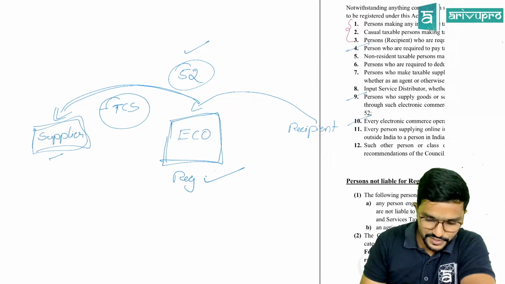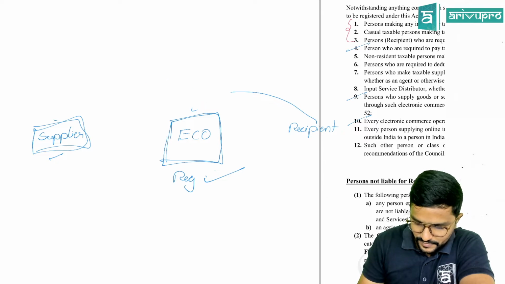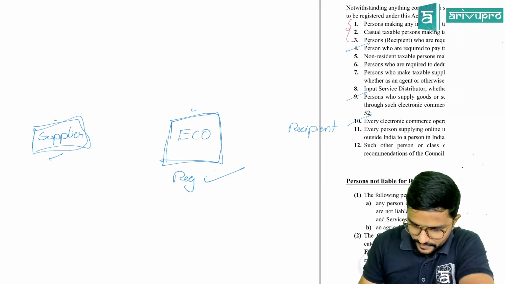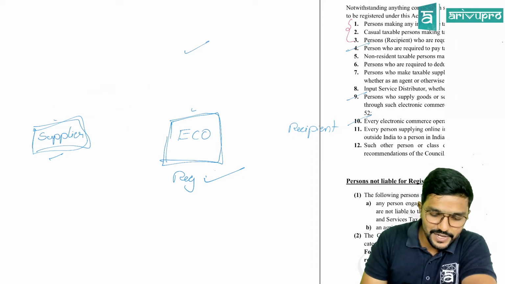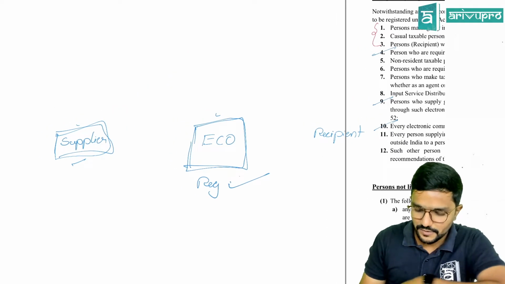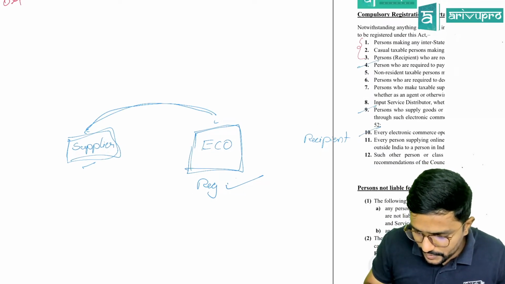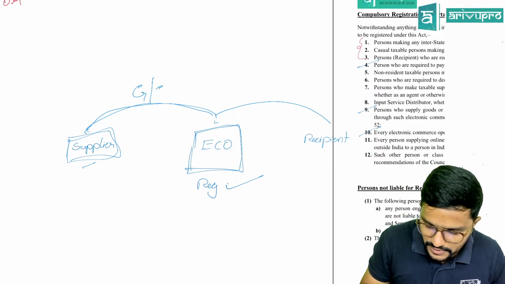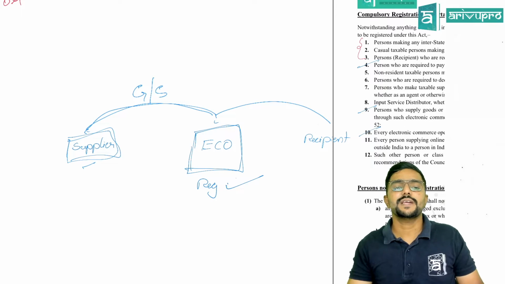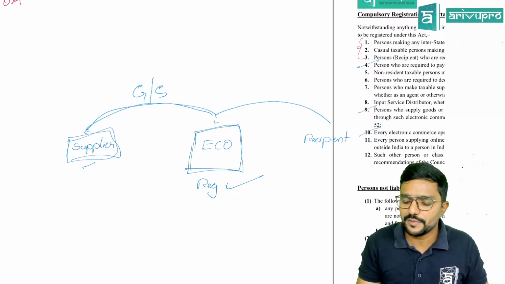This is one situation. There is one more situation. Now, you are the supplier who is supplying goods and services through an electronic commerce operator to the recipient.